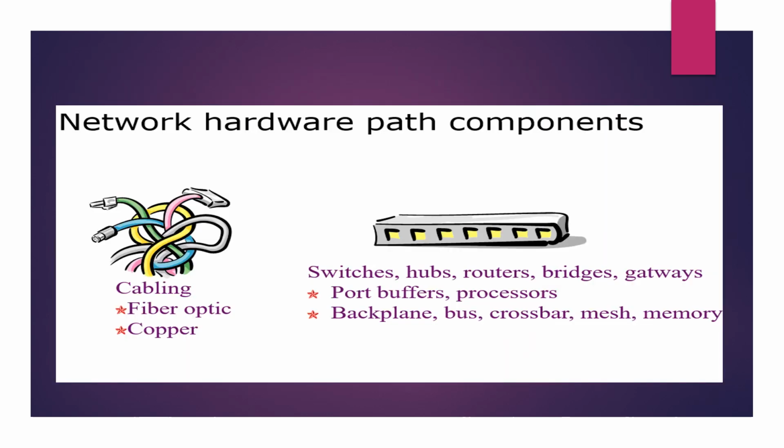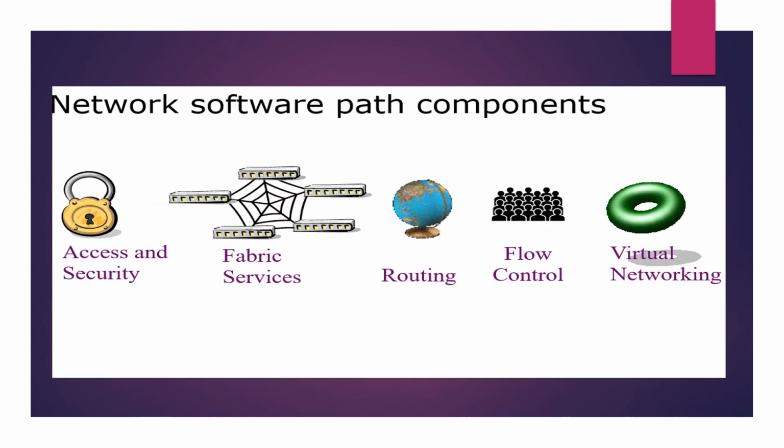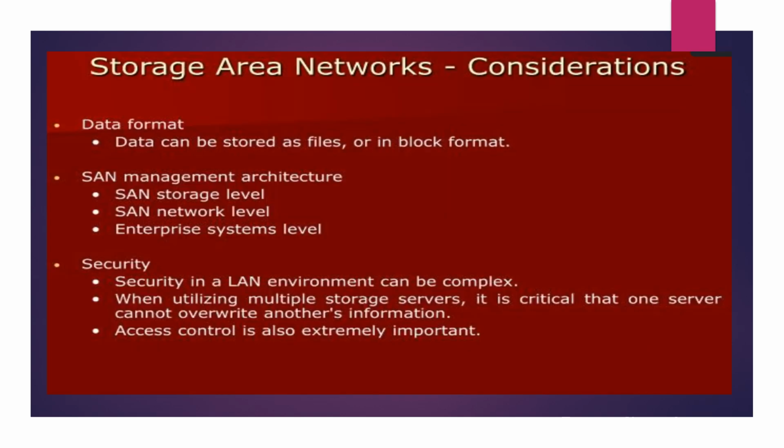Network hardware path components include cabling, fiber optic and copper, switches, hubs, routers, bridges, gateways, port buffers, processors, backplane bus, crossbar, mesh, and memory. Network software path connection components: access and security, fabric services, routing, flow control, and virtual networking.